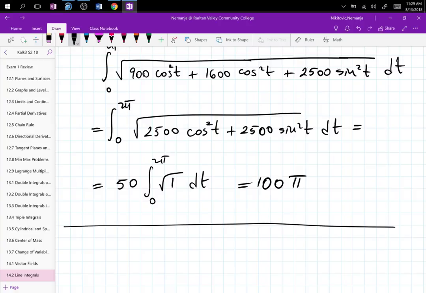Now, line integrals can be computed in vector fields. We covered vector fields yesterday. A vector field is a function that assigns a vector to each point in space. How many points do we have in this space? Infinitely many, right?